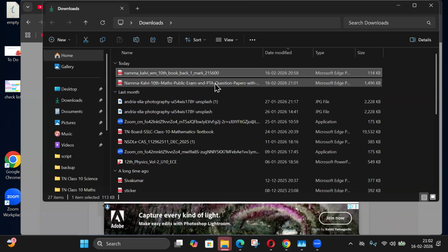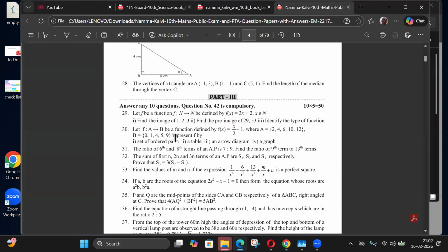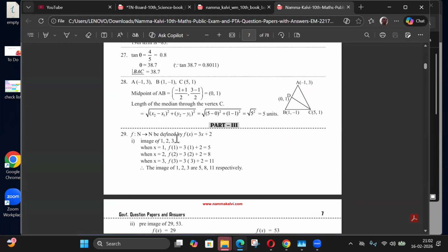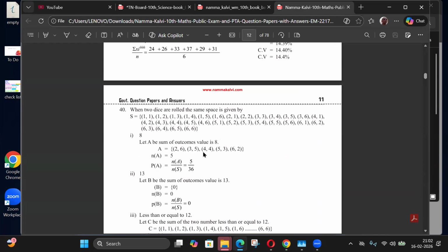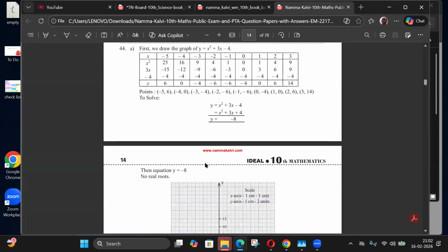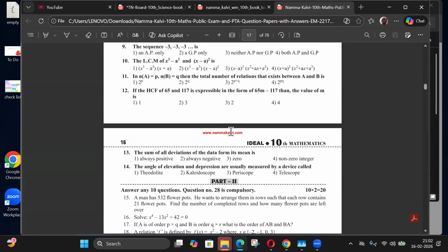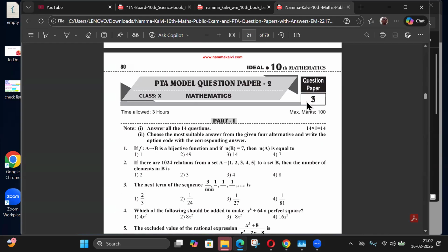This full question paper, maths. Solution is also there. Question paper 2. Question paper 3.